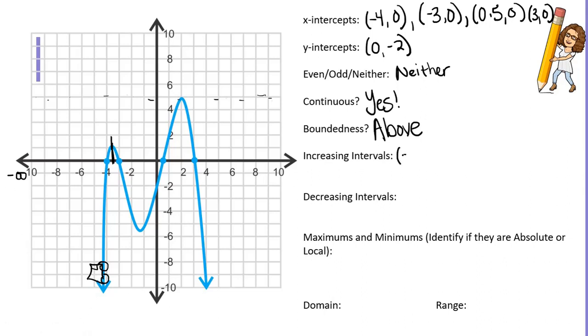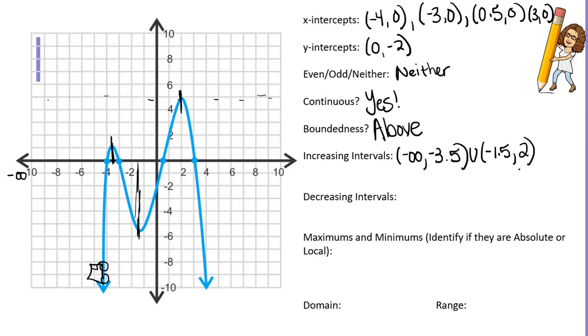So I am increasing from negative infinity to about negative 3.5, right? And then I start increasing again, starting about right here, so that is negative 1.5 maybe. I'm going to put a union because there's more than one. Negative 1.5, and I stop increasing again at 2.